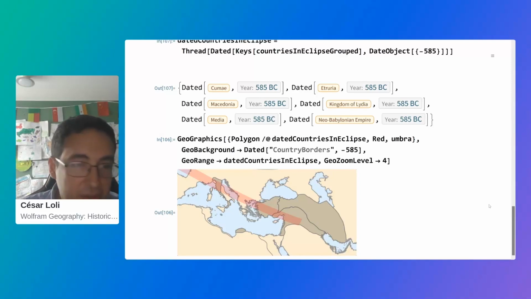This is, of course, a work in progress, and we are happy to keep working on this and keep expanding. For now, we have only 2 historical domains, but we hope that in the future we can add more information so we can make better and more complex computations.